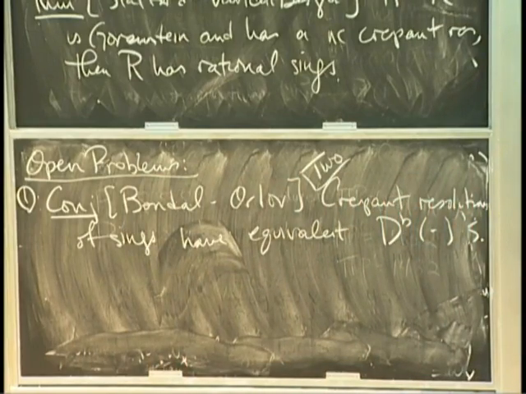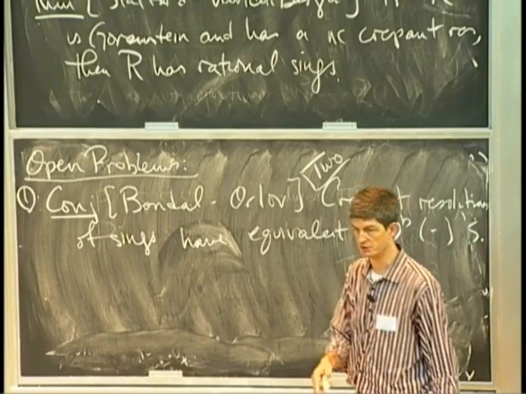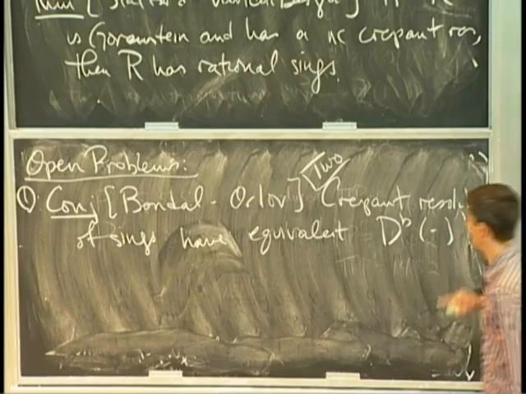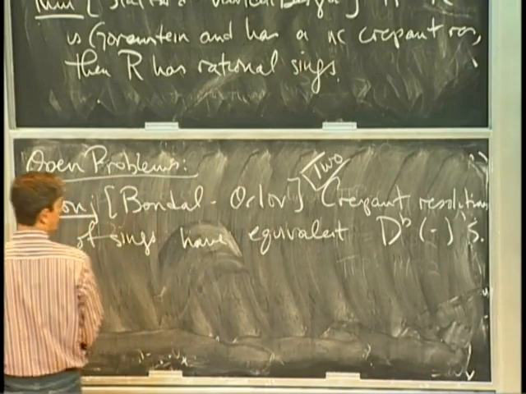The idea is that these crepant resolutions, the ones satisfying this condition on the canonical sheaf, are very close to the thing you're resolving the singularities of. If you've got two of them, they're both very close, and they should have equivalent bounded derived categories.